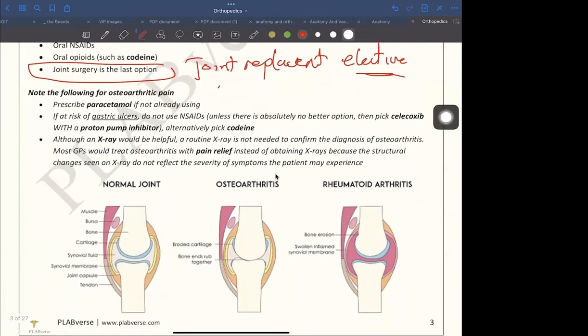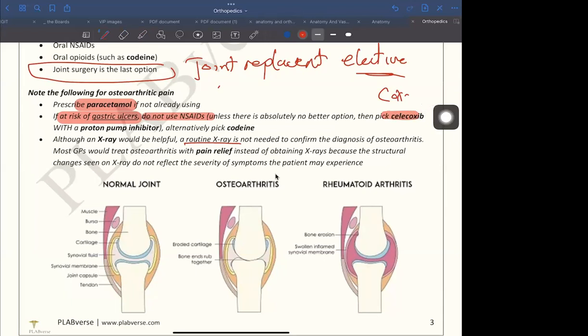So for all your patients who present with osteoarthritis, give them paracetamol if they're not taking it. If they are at risk of gastric ulcers, do not give NSAIDs, but you can give the COX-2 inhibitors that decrease the risk of gastric upset. Although X-ray would be helpful, a routine X-ray is not needed to confirm your diagnosis.